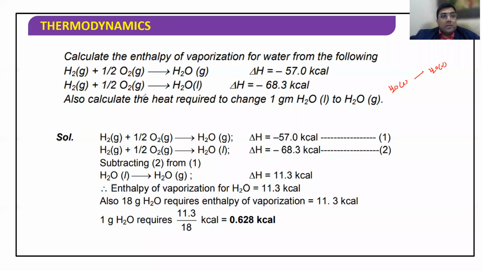Now, how do you do the manipulation? First, H2O liquid is on which side? Right side. But this should be converted into left side. So this should be minus. Clear or not? Yes, sir. Gas should be on which side? Right only. So this is plus only. Finished now.